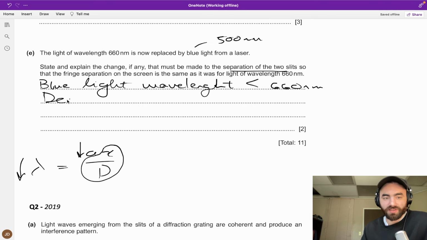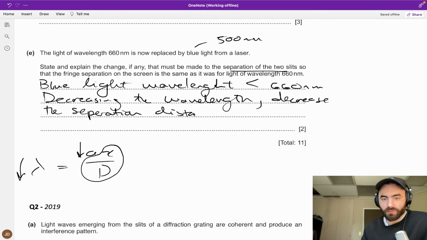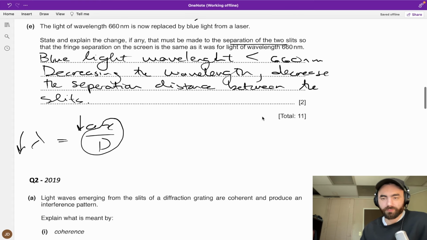So decreasing the wavelength and keeping this thing constant, we must also decrease the separation distance between the slits.